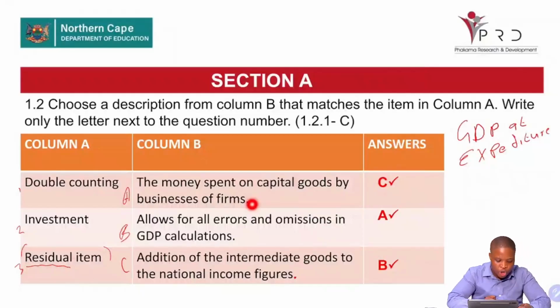We did not have this in grade 10. And then we said, whenever there are errors taking place, we are going to record it around this residual item. So it matches with B, allows for errors and omission in GDP calculation. So residual item is where we correct our errors in the GDP calculation of expenditure method.